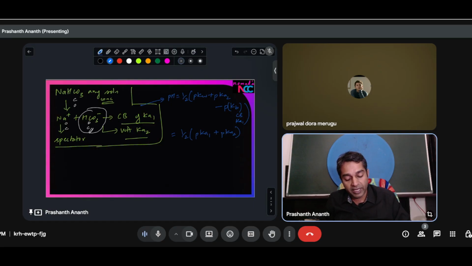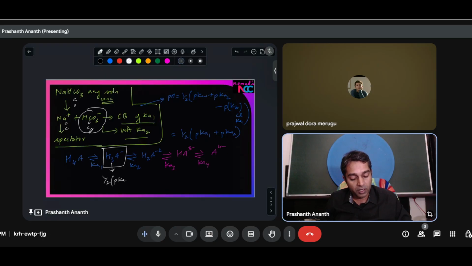In a similar way, take any middle salt, say H4A. After Ka1 this will become H3A minus, after Ka2 this will become H2A 2 minus, after Ka3 this will become HA 3 minus, and after Ka4 this will become A 4 minus. If I am looking at the pH of each of these middle species, the pH of the first will be half into pKa1 plus pKa2, the previous and the next.